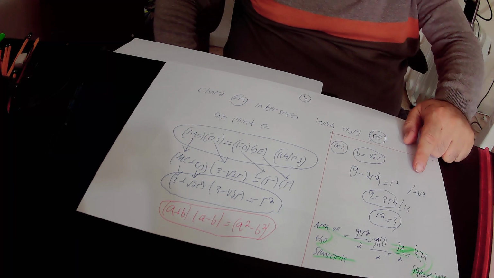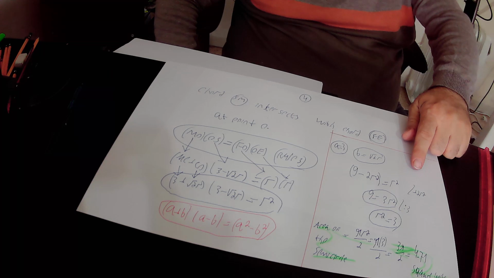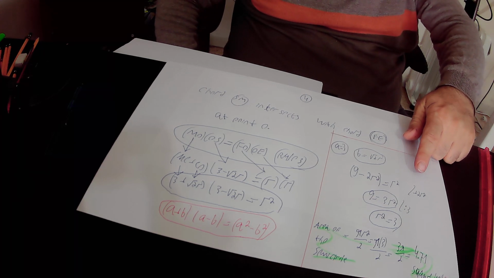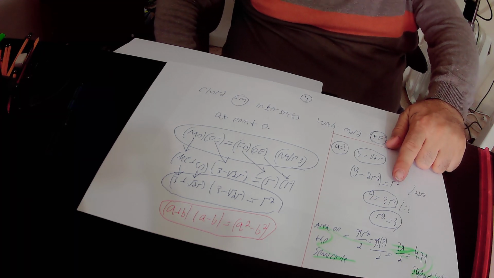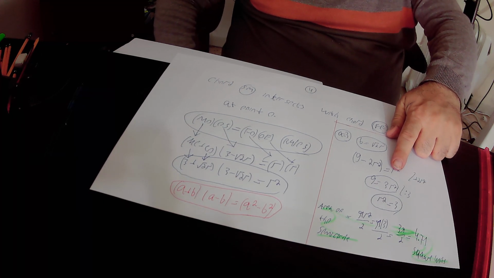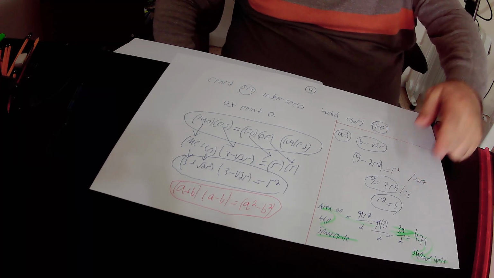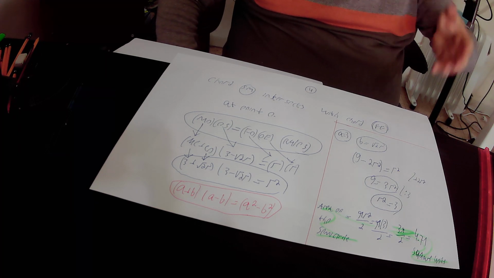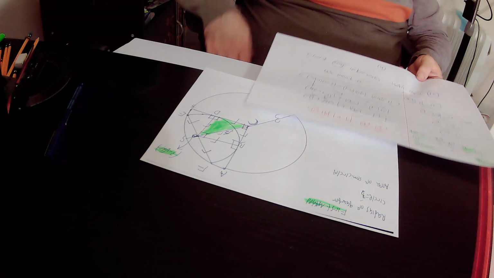We added 2R squared to this equation and found that 9 equals 2R squared plus R squared, that is 3R squared. We divided by 3 and got R squared equals 9 over 3, that is 3.